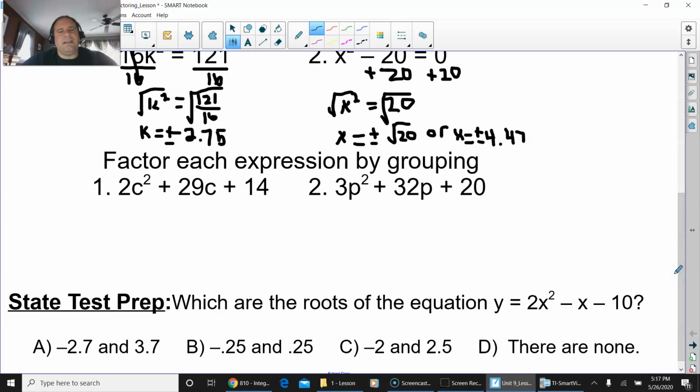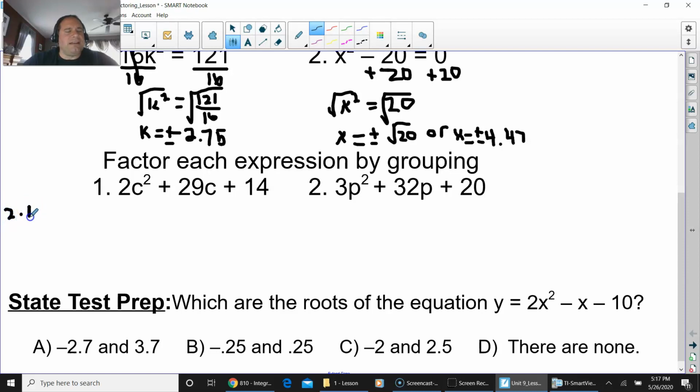It says factor each expression by grouping. We did this already, but the thing is that when you don't do something for a while, it gets confusing and you lose track of what to do. The first thing you do is to multiply A, which is 2, times C, which is 14.